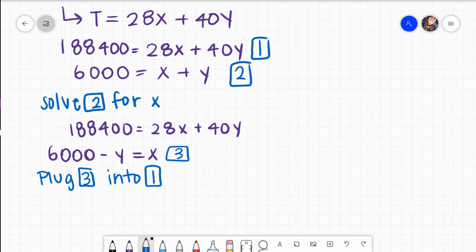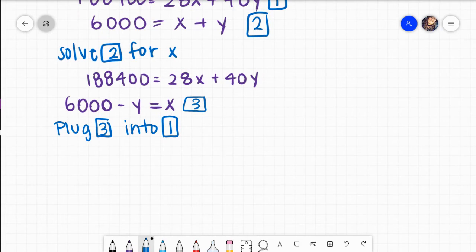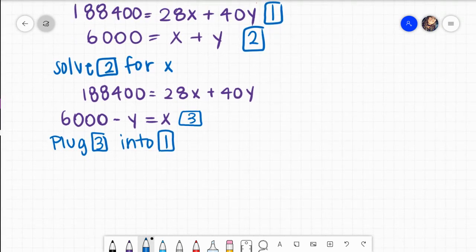If you do ever look at an example for help, they may refer to this as back substitution. Okay, so let's go ahead and plug equation 3 into equation 1, right? Where's my equation 1? Right there. That's 1, right? Okay, so let's plug equation 3 into equation 1.